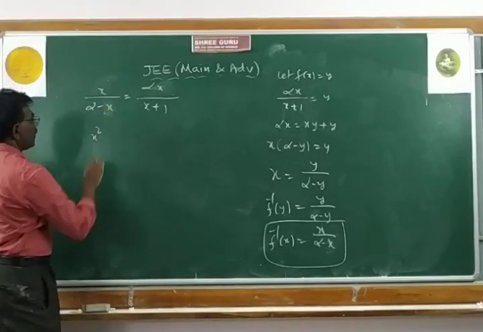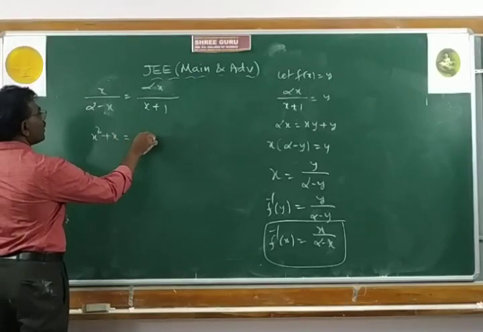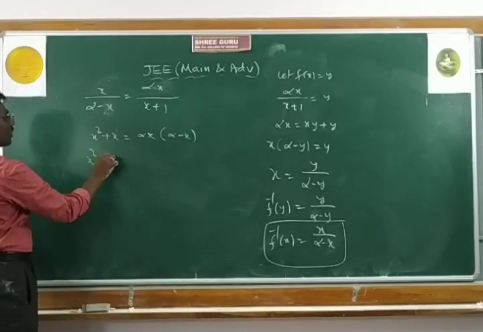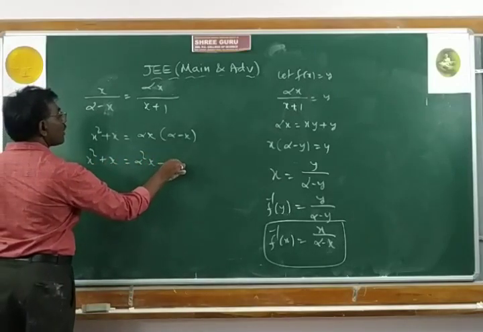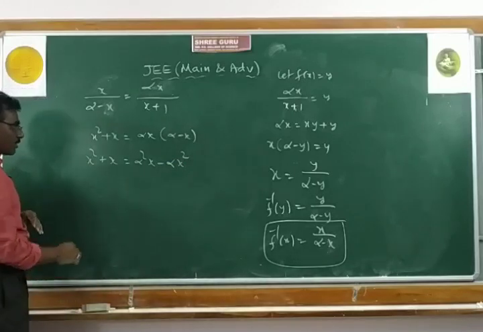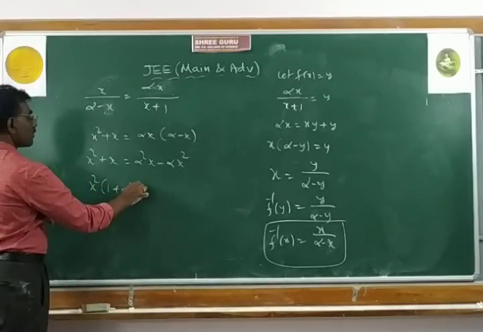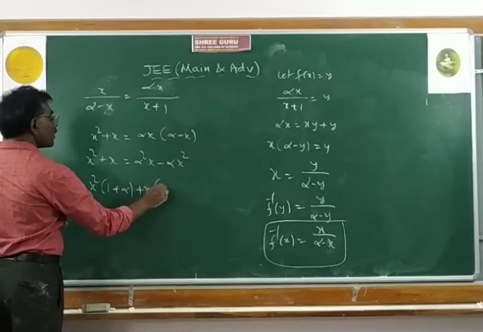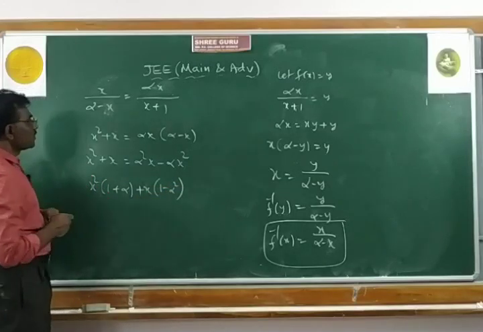Okay, and cross multiply: x square plus x, alpha x into alpha minus x. x square plus x, alpha square x minus alpha x square. We will take x square common, 1 plus alpha, plus x common, 1 minus alpha square. So where are the mistakes?